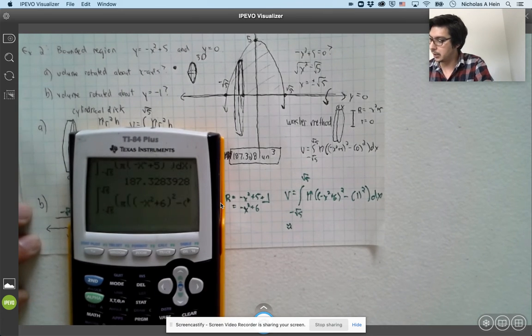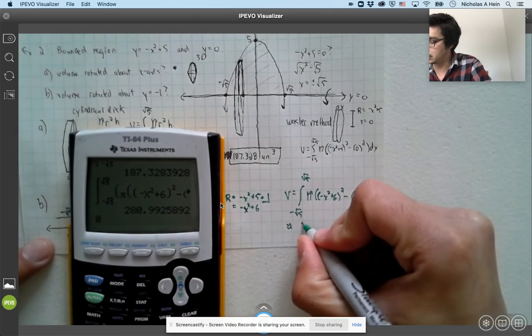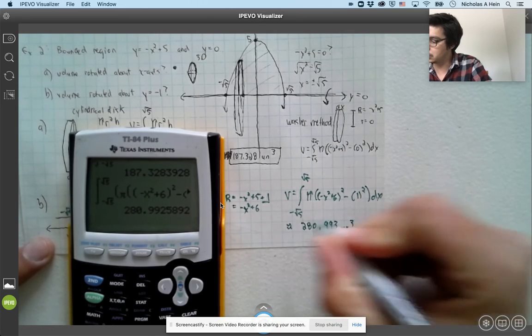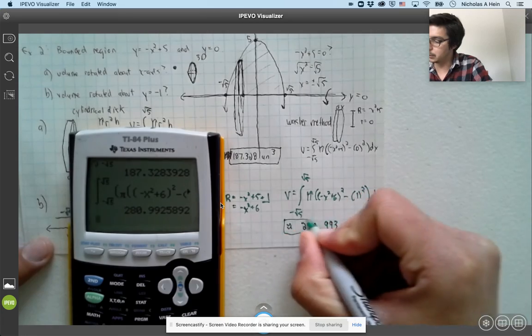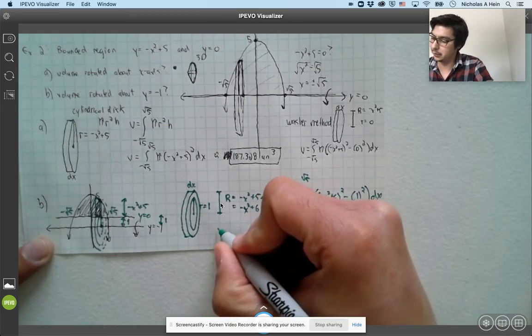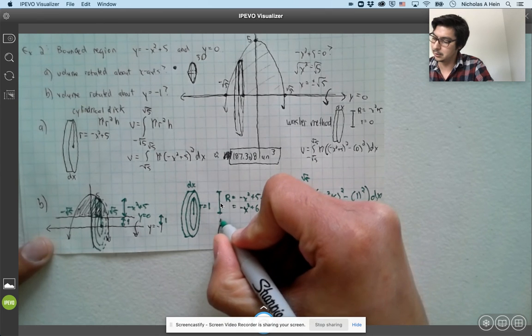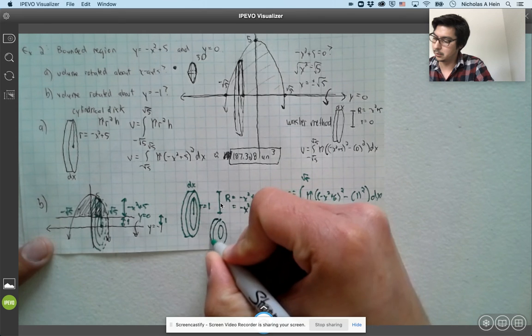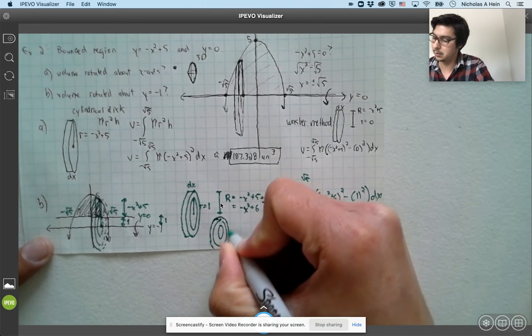And hopefully that's larger, which it is. Your volume there is about 280.993 units cubed. And that's the volume of this shape that we created, which, again, I believe if you fill that out, you'll end up getting a donut of a way, which sounds pretty good, by the way.